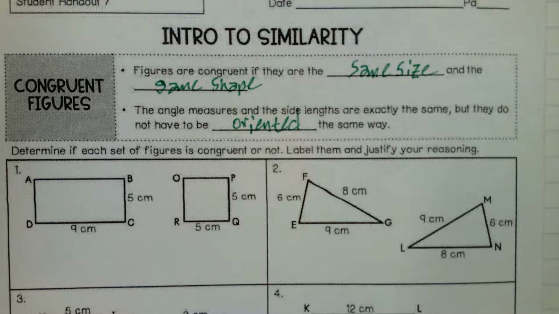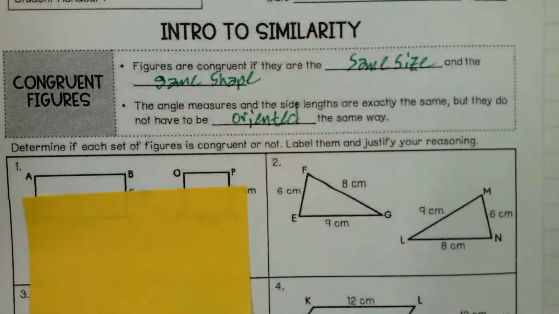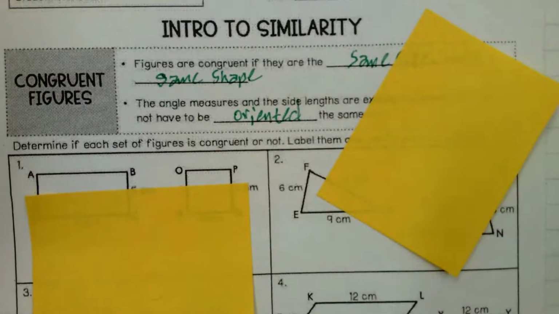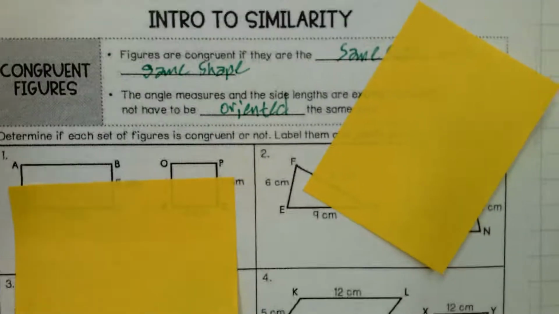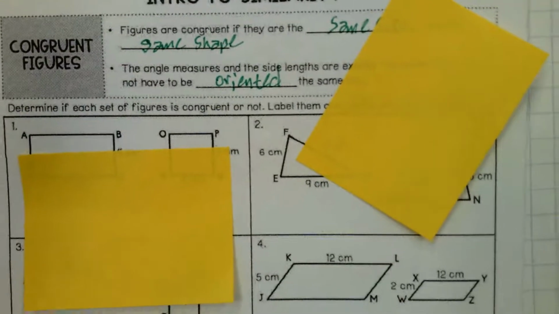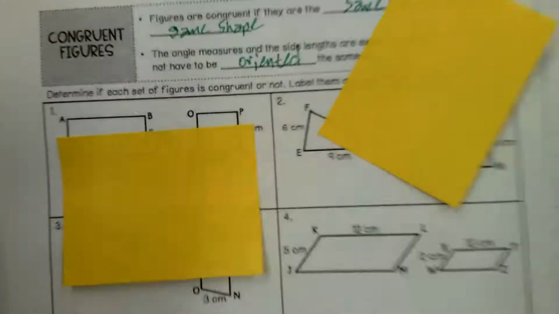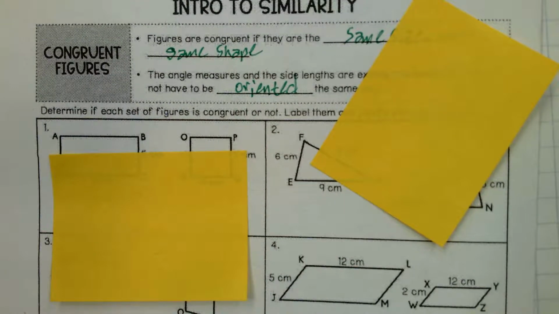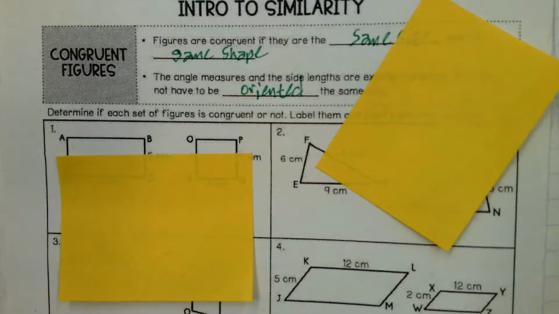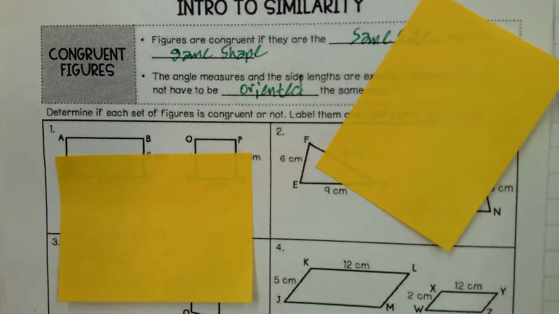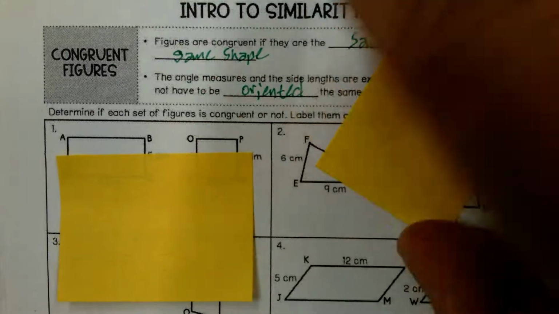I'm going to show you two rectangles that are congruent. These two rectangles are congruent, okay? They're the same size and shape, but they're not oriented the same way. Would you agree with that? One's kind of horizontal flat and one's tilted. That's what they mean, okay? They just don't have to be oriented the same way.